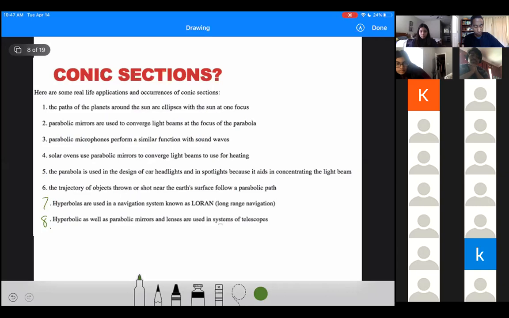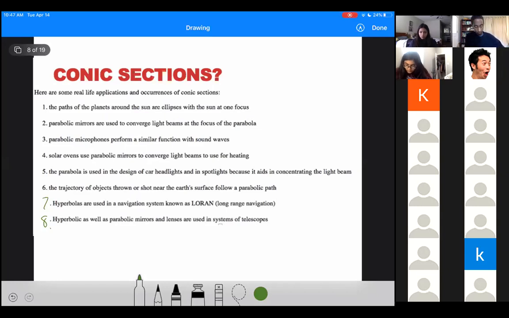Parabolic microphones perform a similar function with sound waves. Solar ovens are parabolic mirrors to converge light beams used for heating. The parabola is used in the design of car headlights and in spotlights because it aids in concentrating the light beam. The trajectory of objects thrown or shot near the Earth's surface follow a parabolic path.